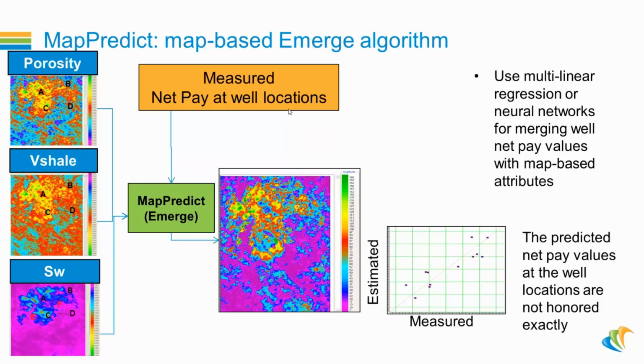The predicted net pay values at the well locations will not be honored exactly using this approach. There is some difference between measured and estimated values. Ideally, I would like to exactly honor the well locations. Here I'm showing measured net pay values versus the estimated pay values, and the accuracy was again around 85–86%.